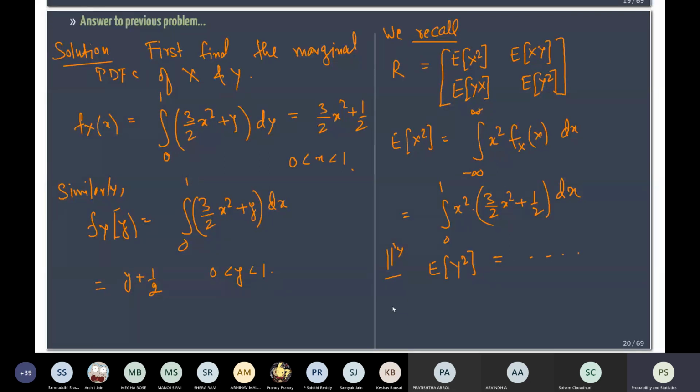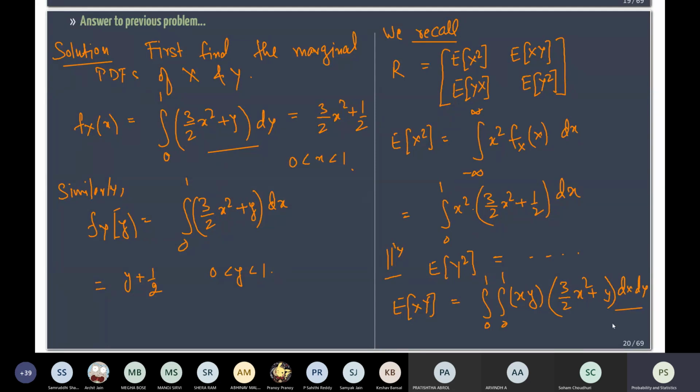And for the expectation of xy, we need the double integral, from 0 to 1 and 0 to 1, because x and y are between 0 and 1. The integrand is xy, because this is the function, times the joint PDF, which is 3/2 x squared plus y, dx dy.